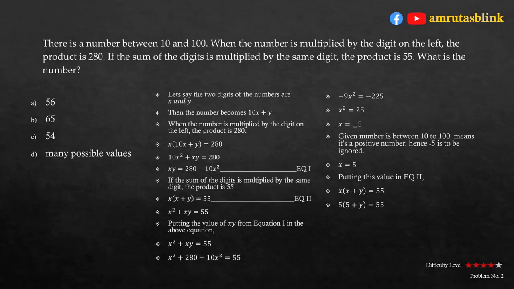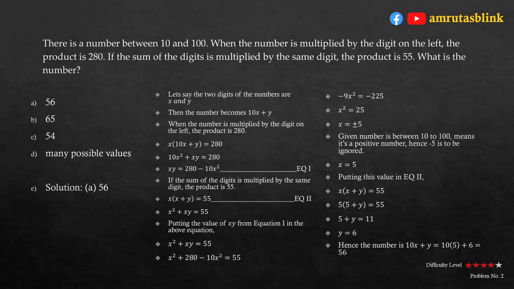So 5 into 5 plus y is equal to 55, that is 5 plus y is equal to 11, and hence y is equal to 6. Now what is our original number? The original number is 10x plus y. So 10 into 5 plus 6, that is 56, and hence it is answer option A. The required number is 56.